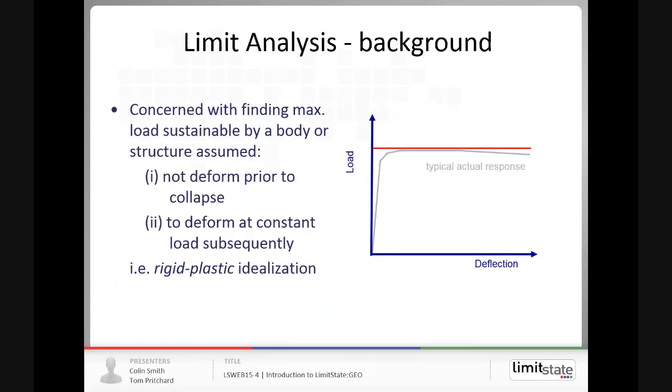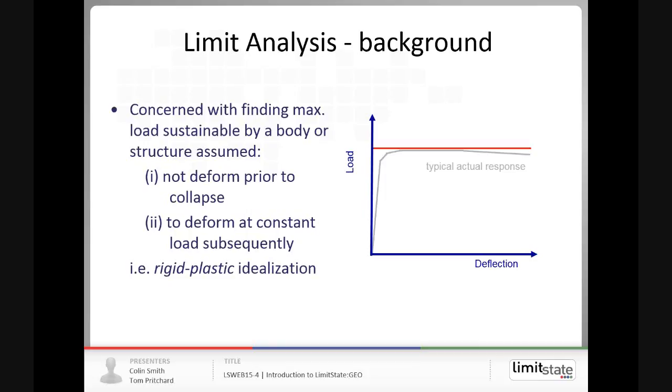Now, in terms of the method that is used in LimitStateGEO, we are using limit analysis, and that is a procedure which is concerned with finding the maximum load sustainable by a body or a structure, which is assumed not to deform prior to collapse, and to deform at a constant load subsequently. So it's what we call a rigid plastic idealization.